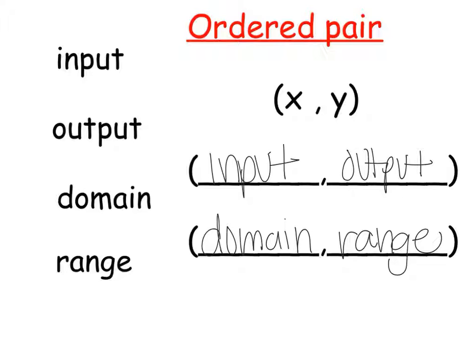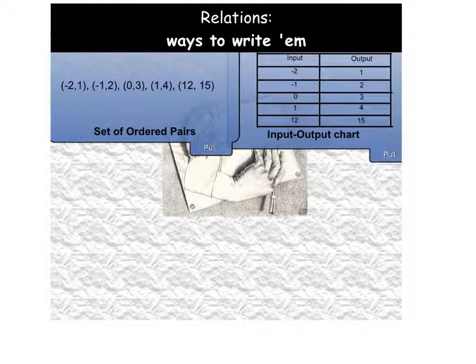Input is the same thing as the x value, and output is the same thing as the y value. Domain is the x values, and range is the y values. So even though these words may sound a little strange to you, they're closely related to something that you're probably pretty familiar with.